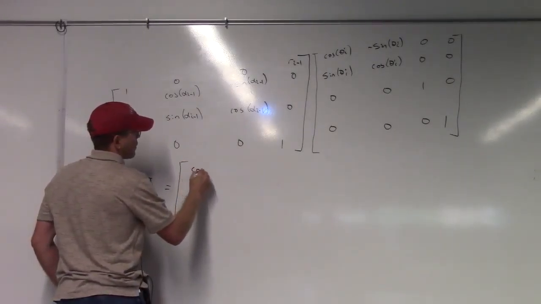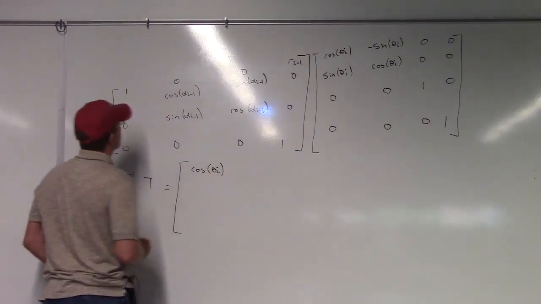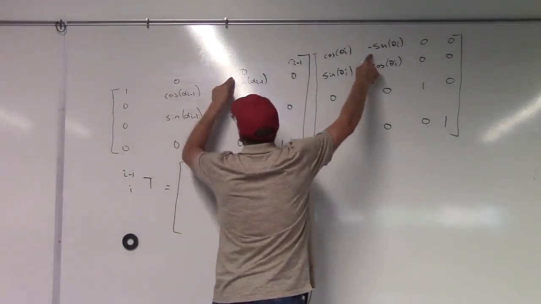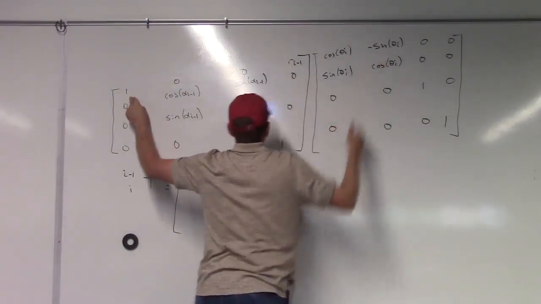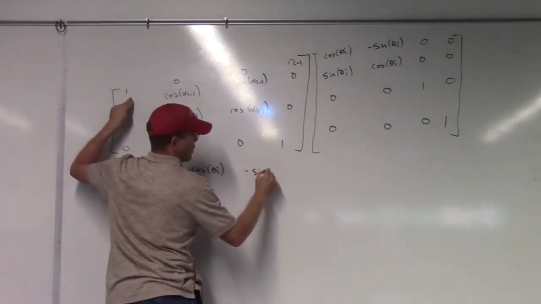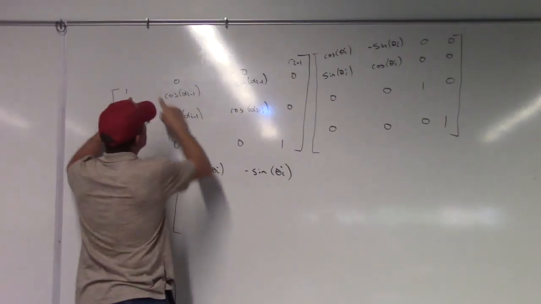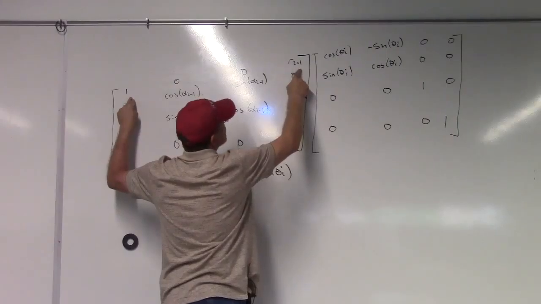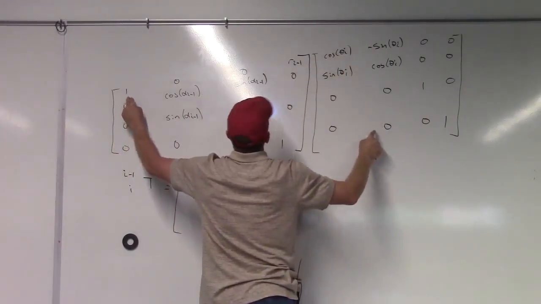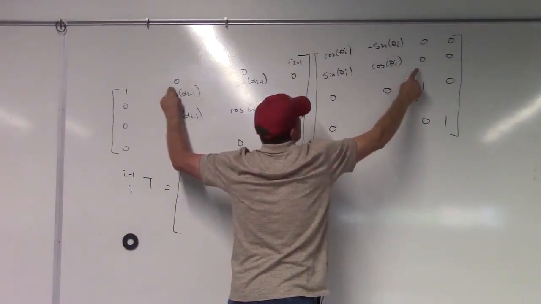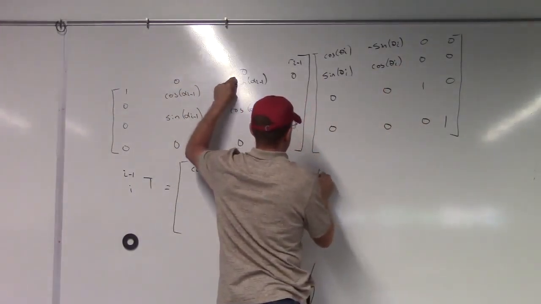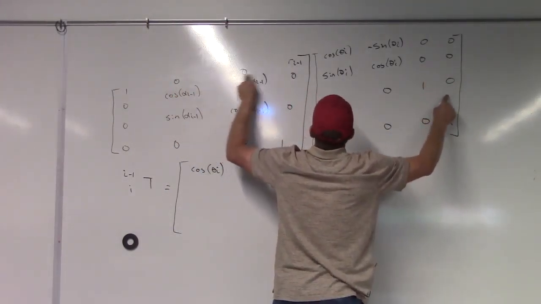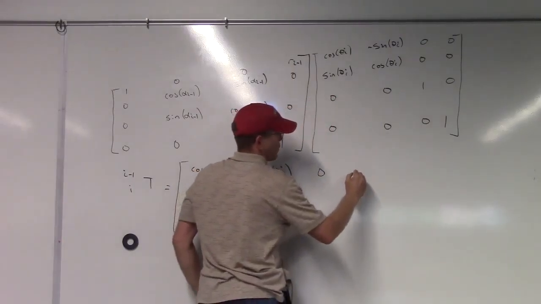So we have cosine of theta i for our first element, and then first row by second column, negative sine of theta i. Then 0 plus 0 plus 0 plus 0, and finally 0 plus 0 plus 0 plus r i minus 1.